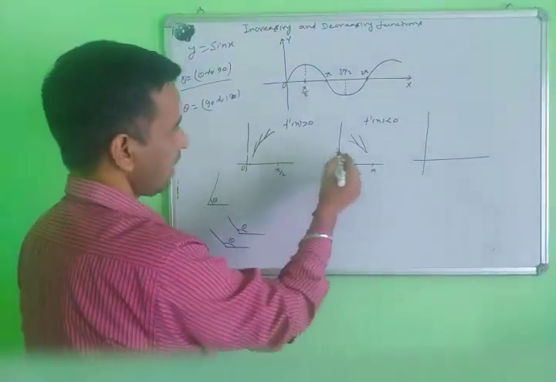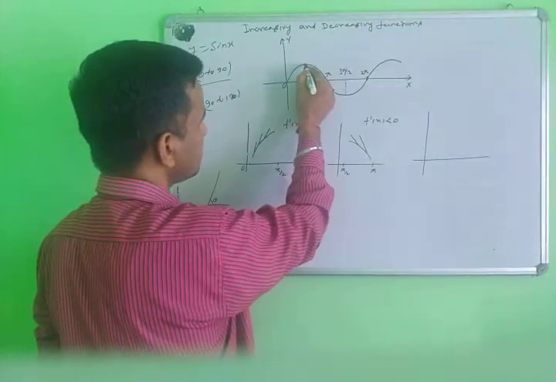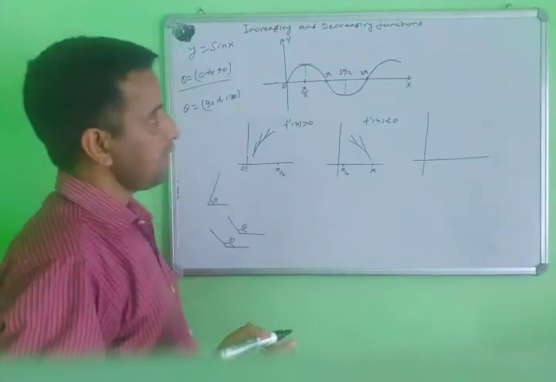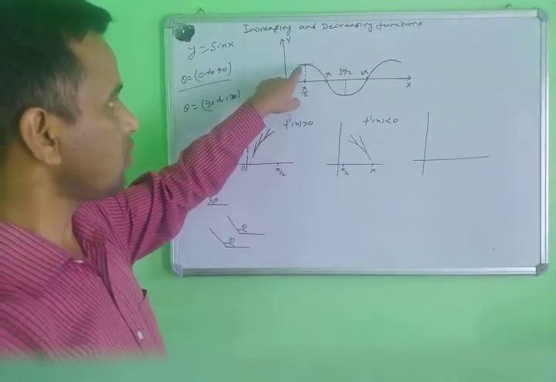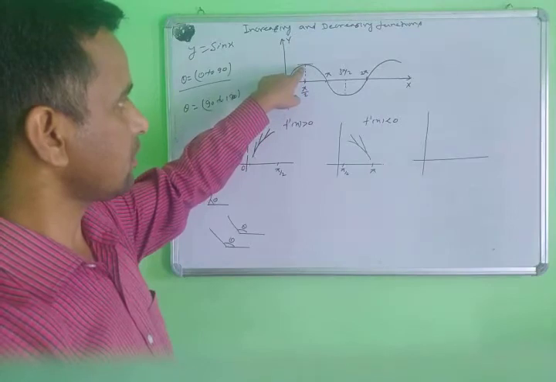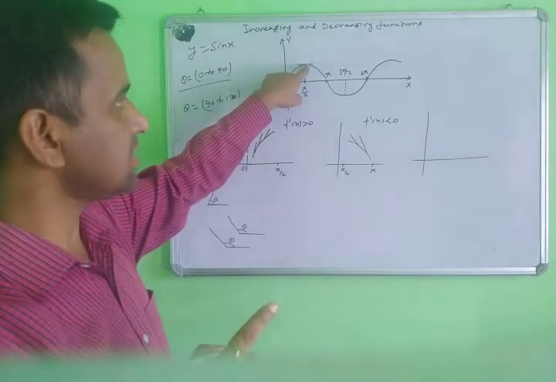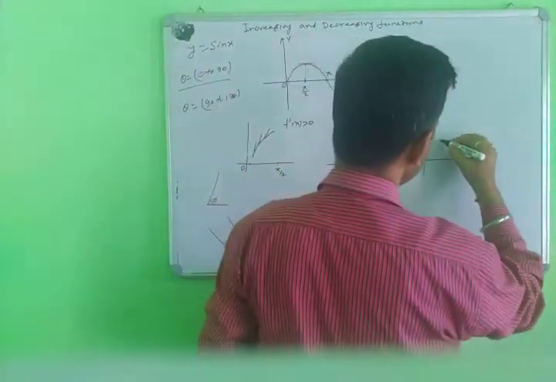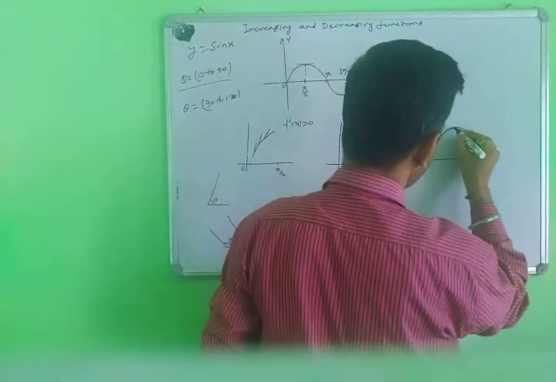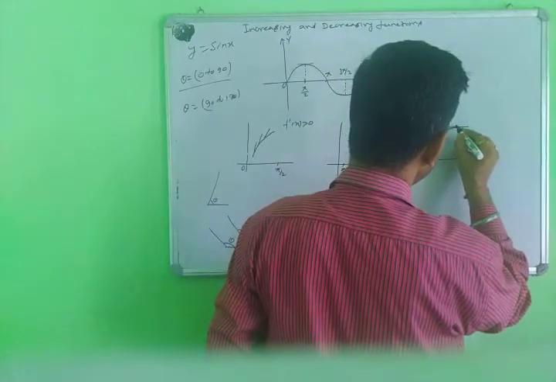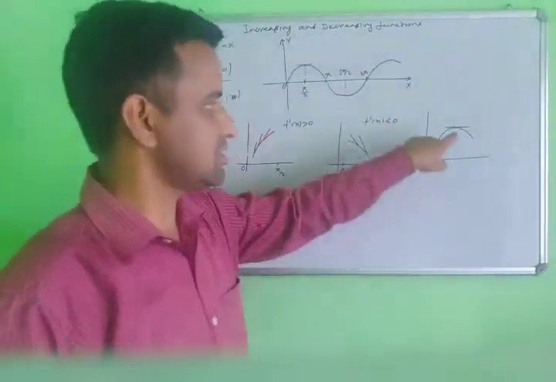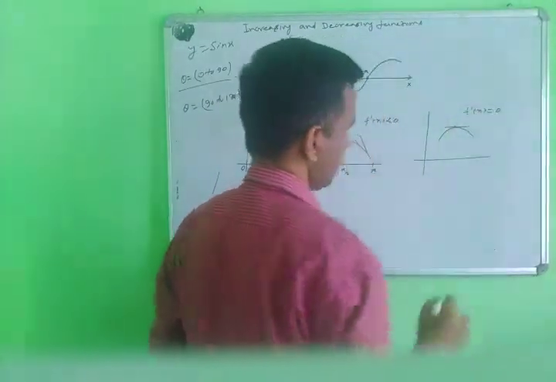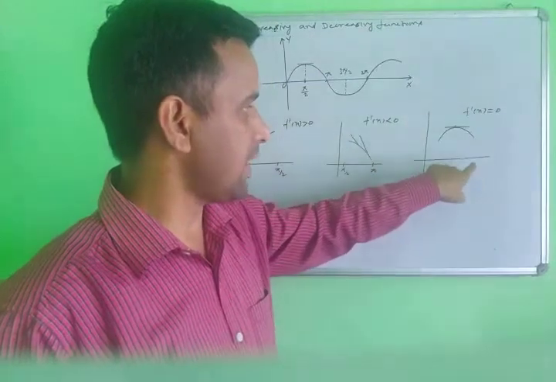Next I take the peak point, where the function stops increasing and starts decreasing. At this point the slope is always 0, f dash x is 0, because the tangent is parallel to the x-axis.